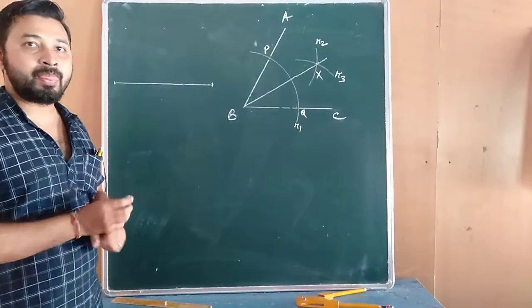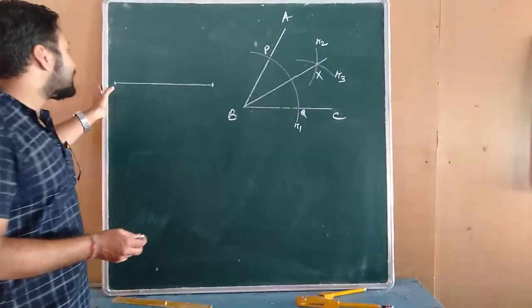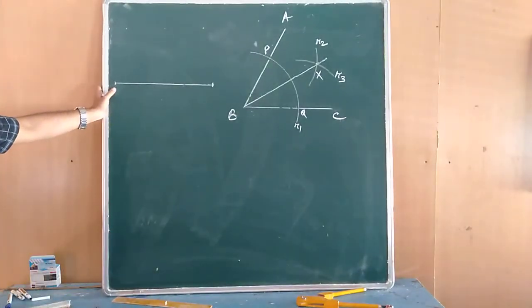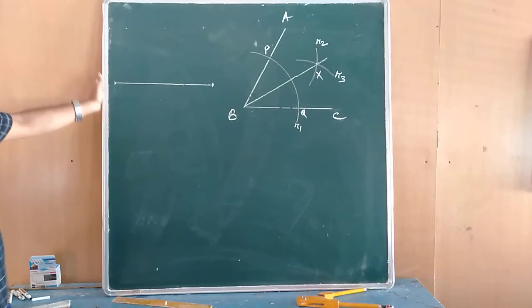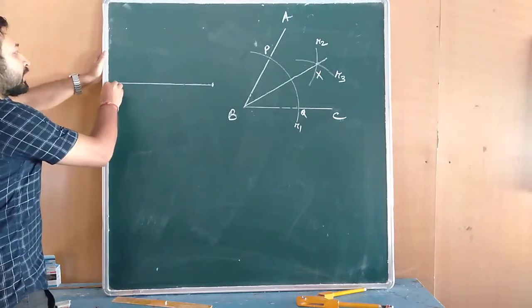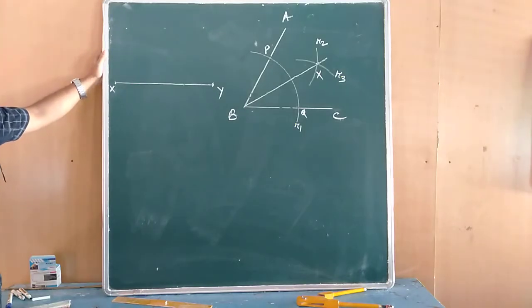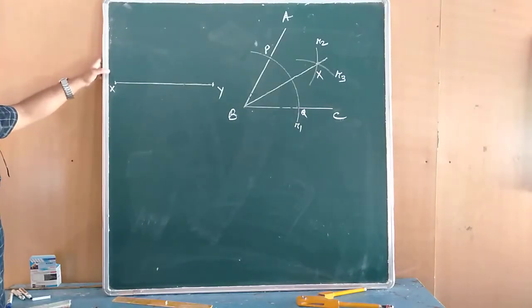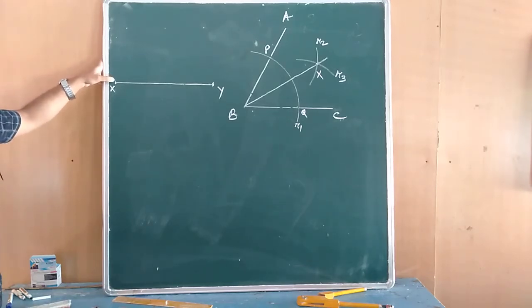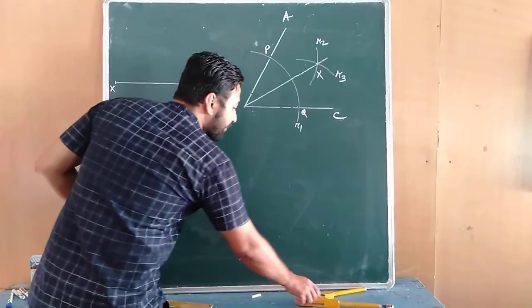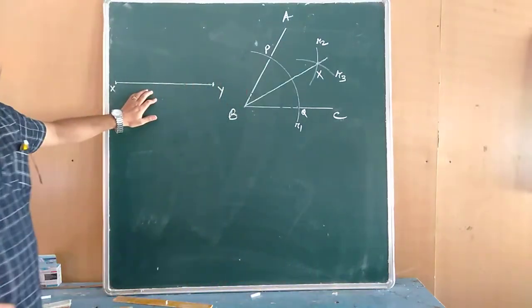So in the next one, suppose we have a line segment XY. We need to draw the perpendicular bisector of this line segment XY. So how will we draw it?